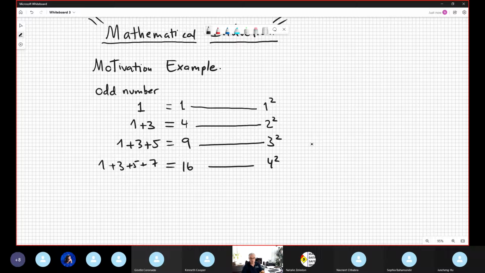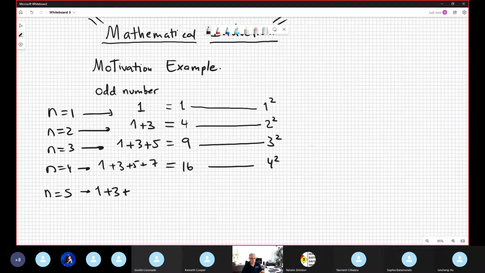Wow. So this is n equal 1, this is a statement. N equal 2, this is a statement. N equal 3, n equal 4, n equal 5. 1 plus 3 plus 5 plus 7 plus 9. Get the next odd number.